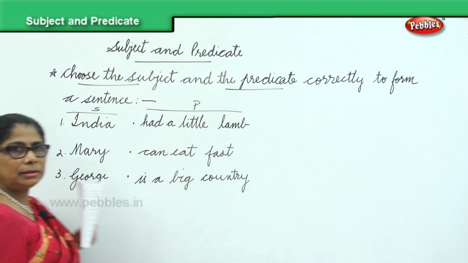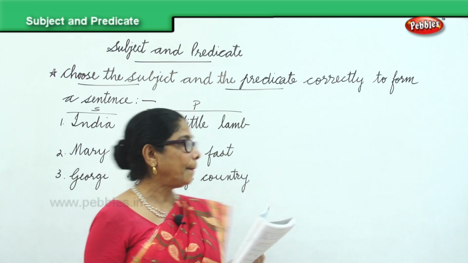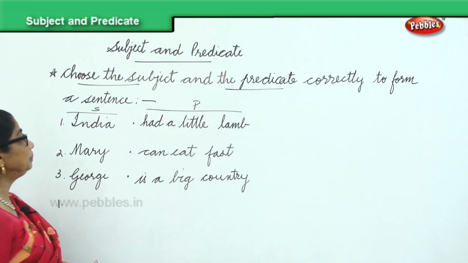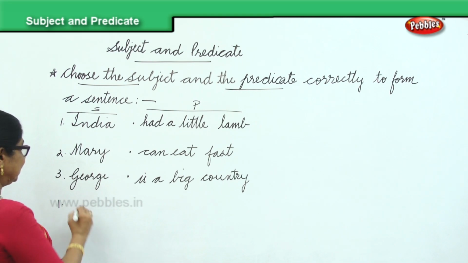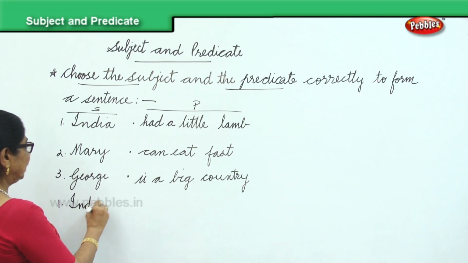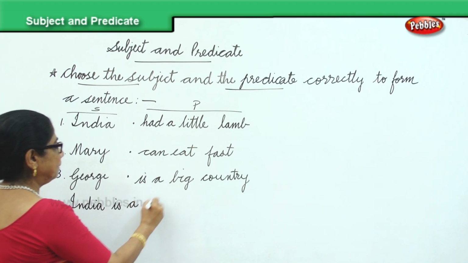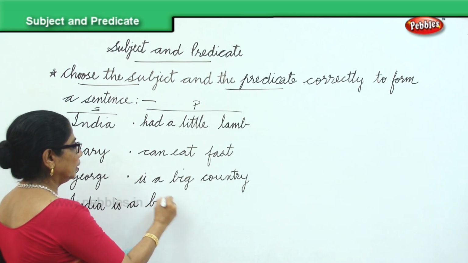Now you match it to get the sentence correctly. The first one, so you get the first one. India is a big city. India, big country, sorry. India is a big country.